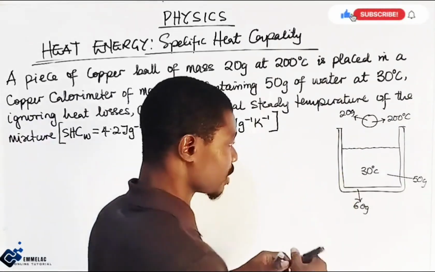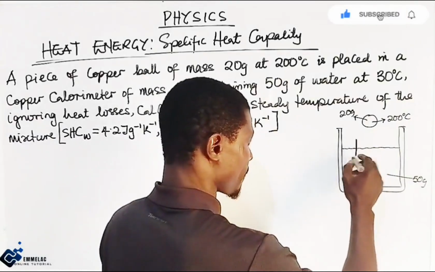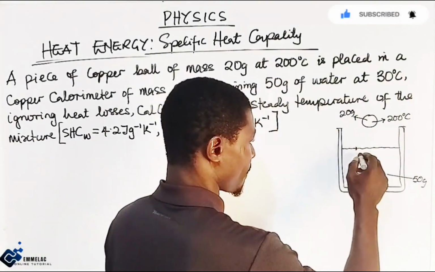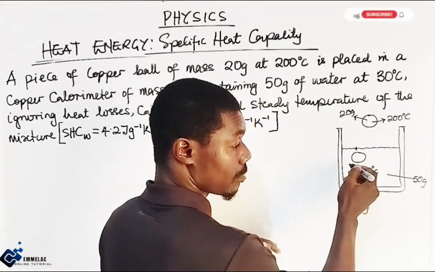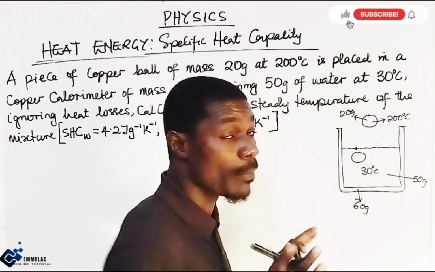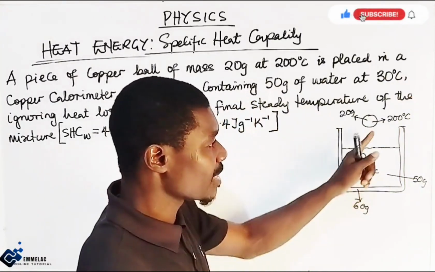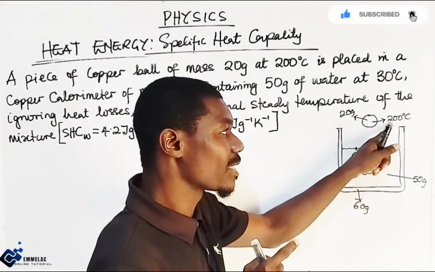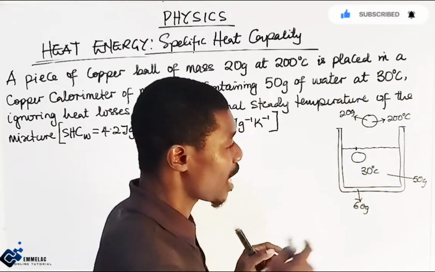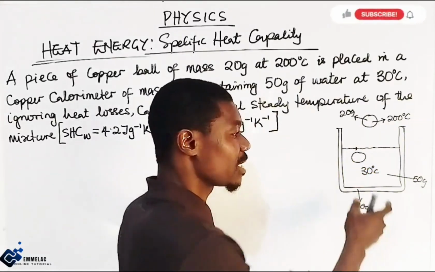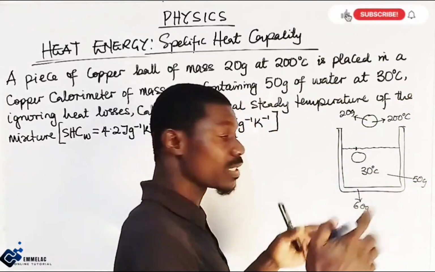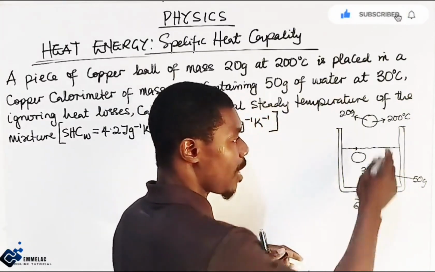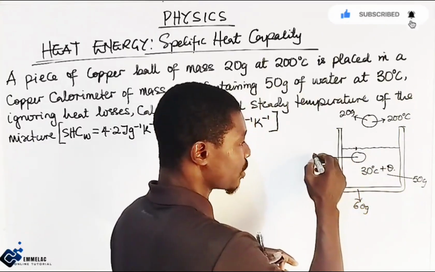As it is being dropped into this water, this is the ball, there is a loss of heat by the ball, and as it enters, most likely this will increase. So there will be an increase in temperature here, and there will be a reduction of temperature here.